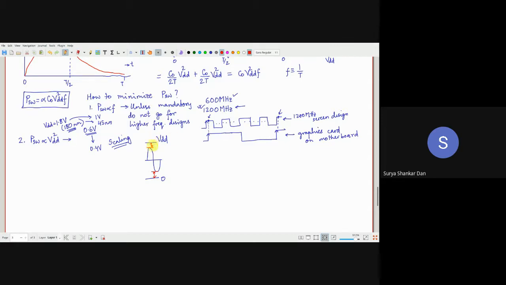The red one is called the headroom in analog IC designs, and this is called the dynamic range. I am showing the peak to peak value, but you understand this. So either you speak in terms of headroom or dynamic range, it doesn't matter.